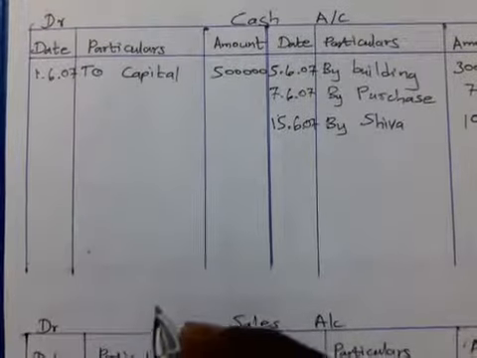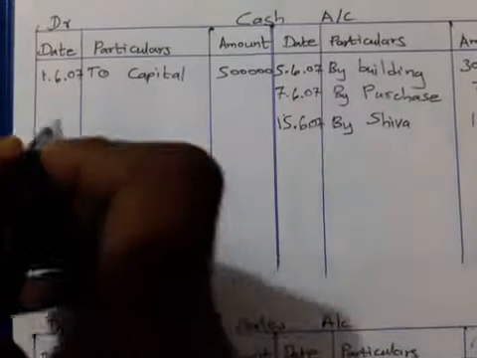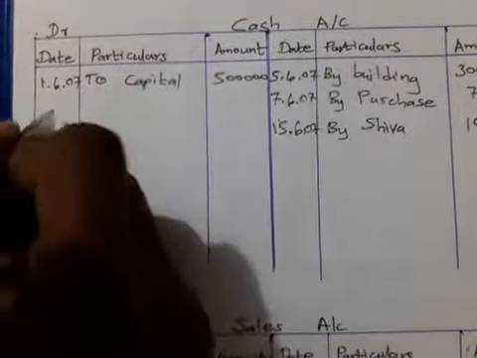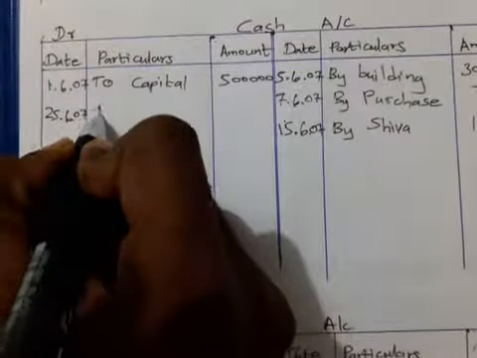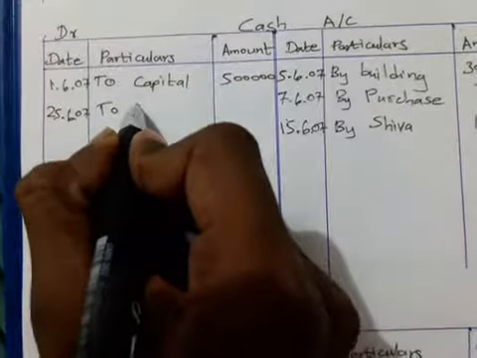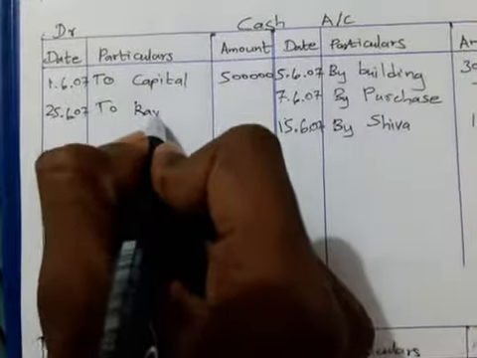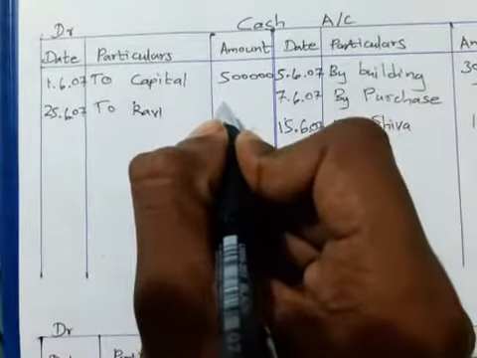On 25th of June 2007, we are receiving cash. To Ravi account, 30,000.